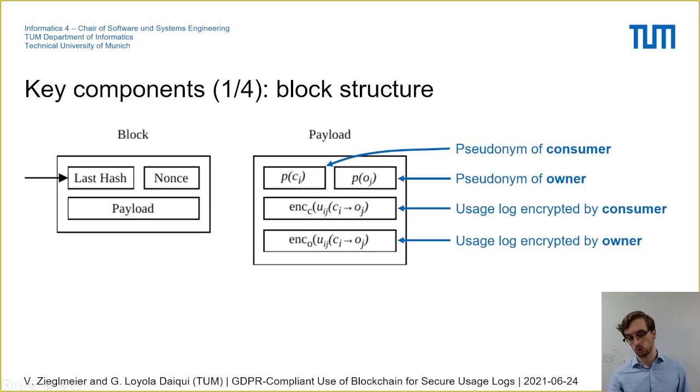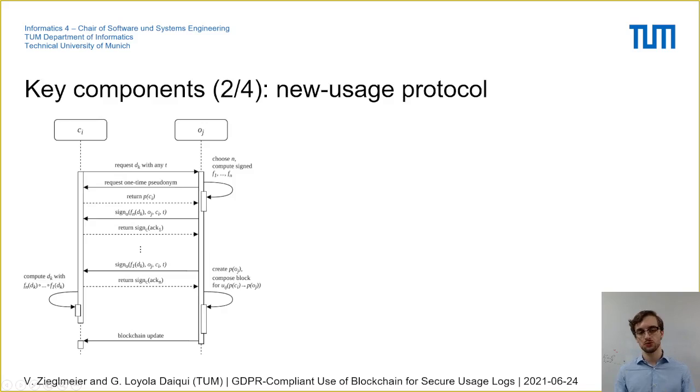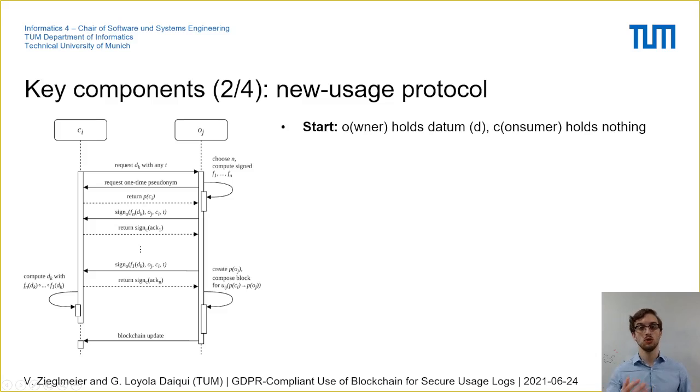Okay, with that out of the way, let's get to a trickier part, the new usage protocol. You don't have to read the left side in detail. I'm going to explain step by step what happens in a simplified way. At the start, the owner holds a datum and the consumer holds nothing, but they are interested in that datum.